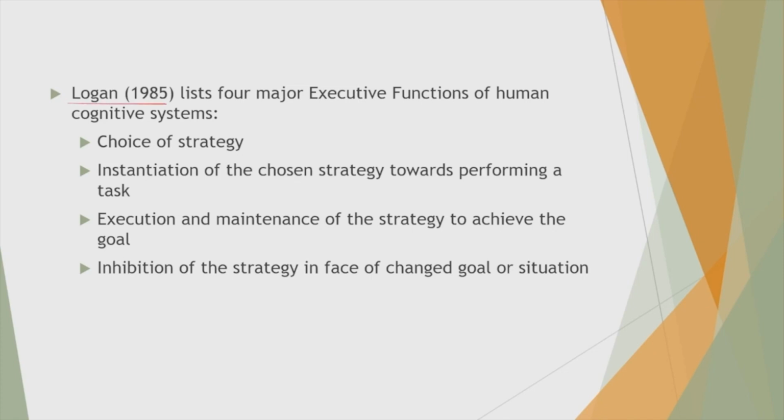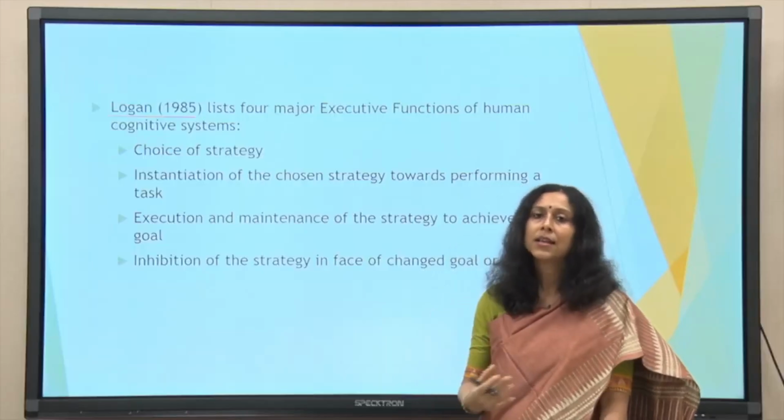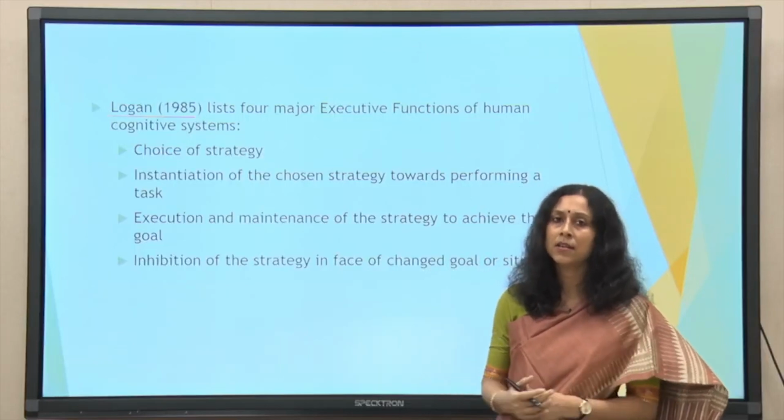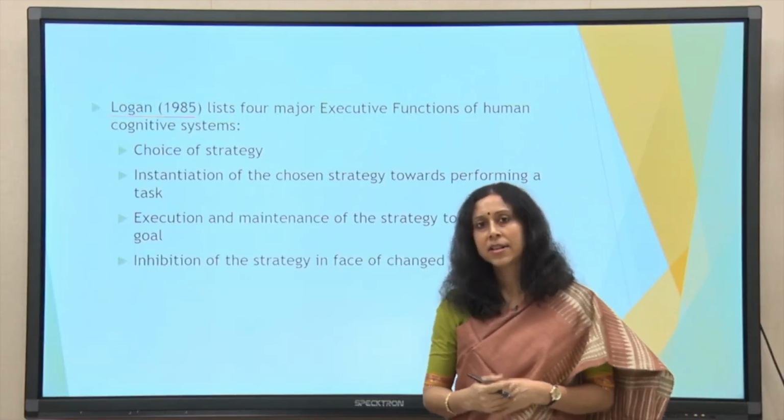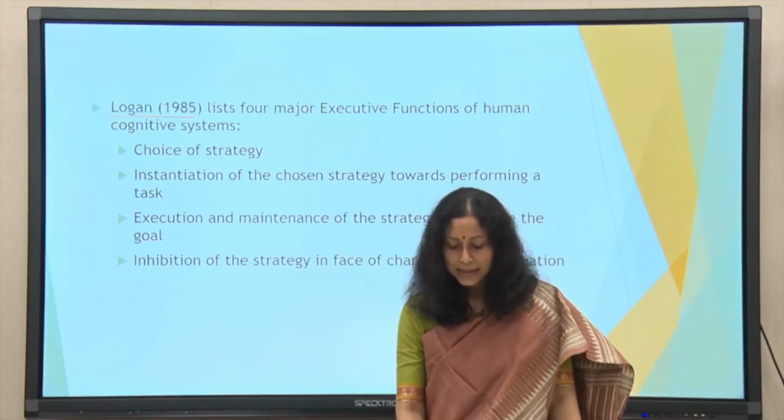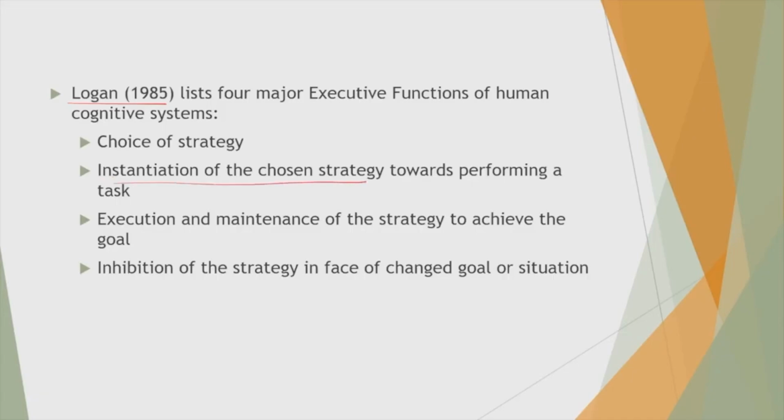Logan, for example, has listed these 4 stages, 4 parts of executive function of the human cognitive system. The first is the choice of strategy as to what has to be done: given this scenario, given this kind of goal, what kind of strategy is to be used. Then instantiation of the chosen strategy, to initiate that particular strategy to be utilized, and then of course comes the execution and maintenance of the strategy to achieve that goal.